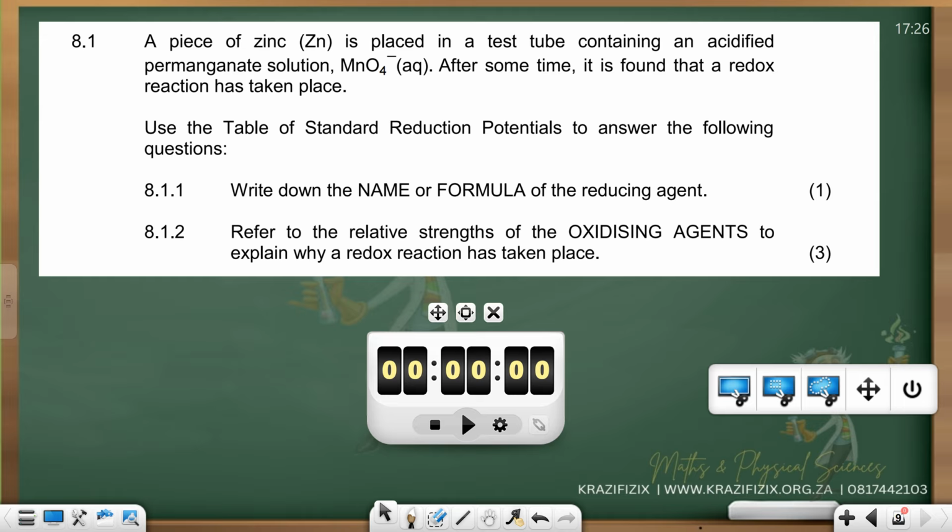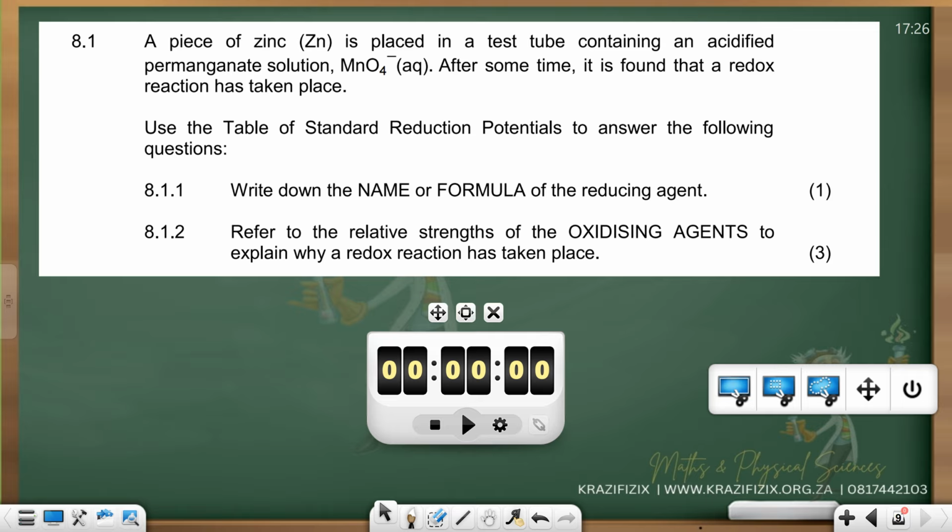A piece of zinc is placed in a test tube containing an acidified permanganate solution. After some time, it is found that a redox reaction has taken place. Use the table to answer the following. Write down the name or formula of the reducing agent. So we're basically looking for zinc and that. From your table 4B, which one is on top?